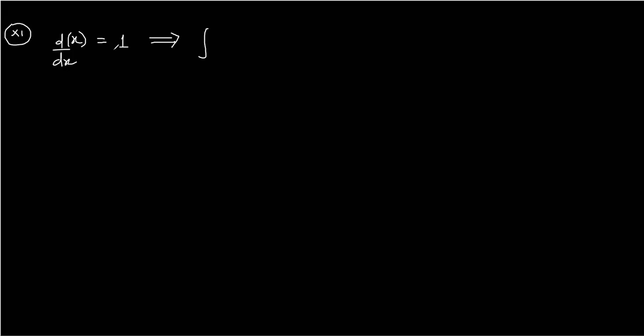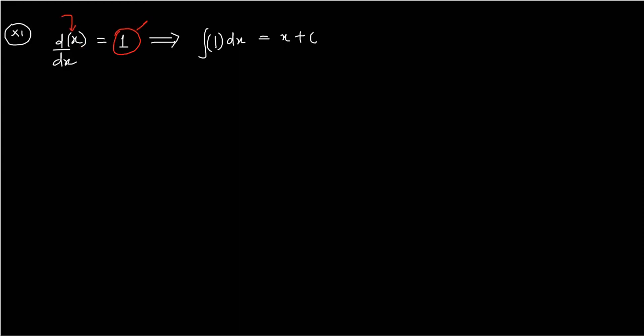I apply the definition of integration. So integration of 1 with respect to x is x plus c. What we have, derivative of x with respect to x is 1. So integration of 1 will be x plus c.